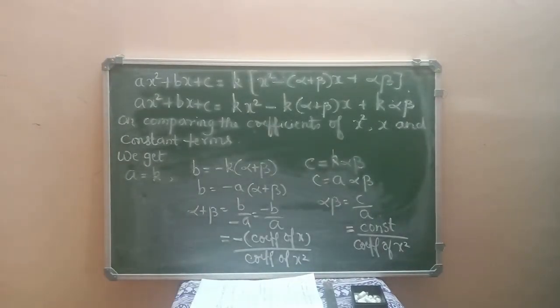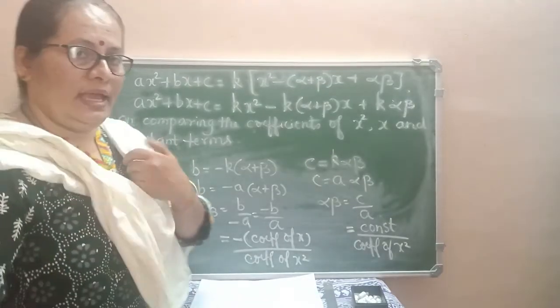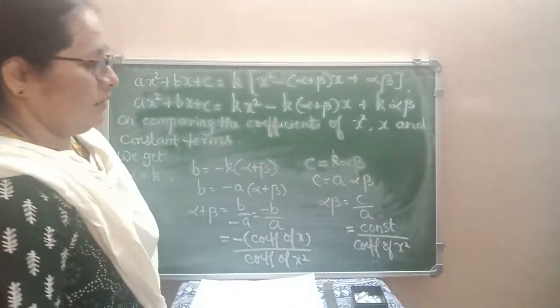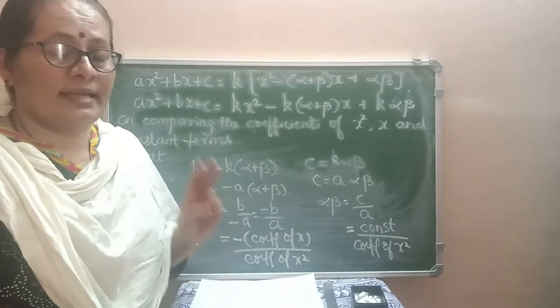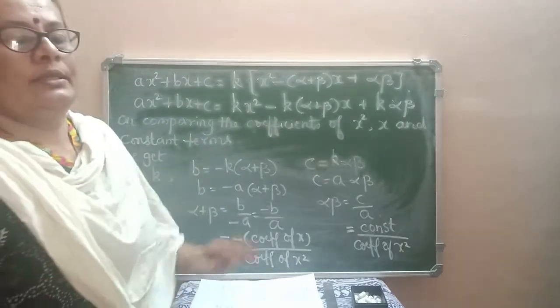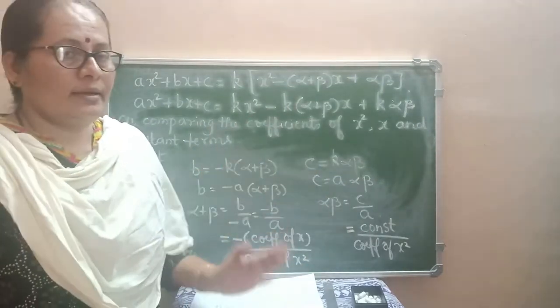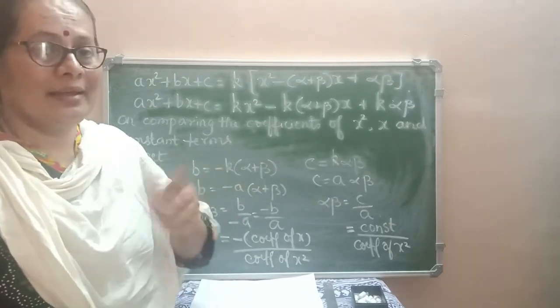Once again I will repeat, a quadratic polynomial p of x equals to ax square plus bx plus c, where a not equal to 0, has two zeros. A quadratic polynomial has at the most two zeros. The two zeros we take as alpha and beta. What is alpha and beta? The two zeros of the polynomial. They are the Greek letters.